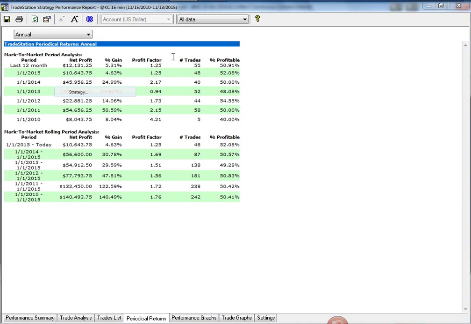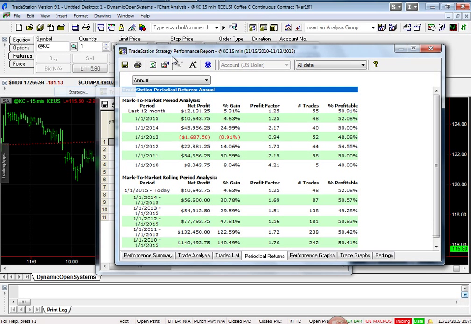Look at the period returns. We are up over 12,000 the past 12 months, 10,000 this year, 45K we made in 2014, marginal losses in 2013, and we did well since.